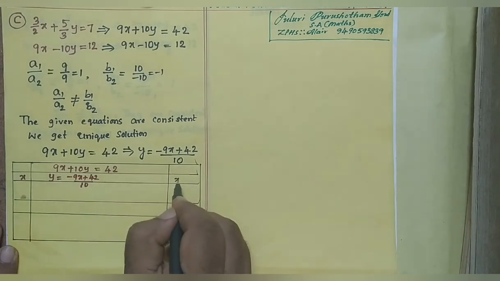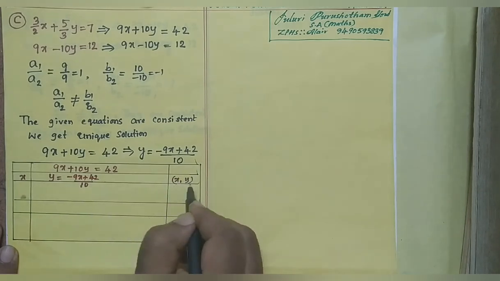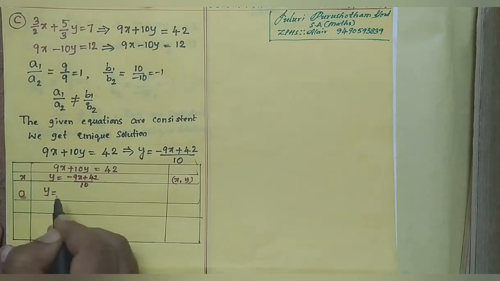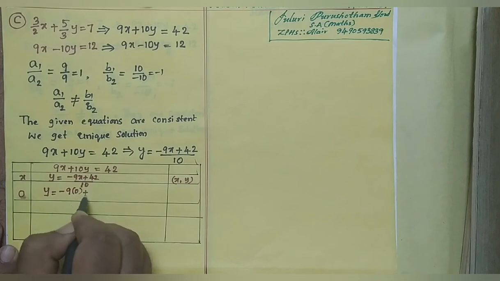If you substitute any value, we get y, and that is x comma y, one of the ordered pairs. First I am taking x is equal to 0. If I take 0, we substitute 0 at the place of x, so minus 9 of 0 plus 42 by 10.